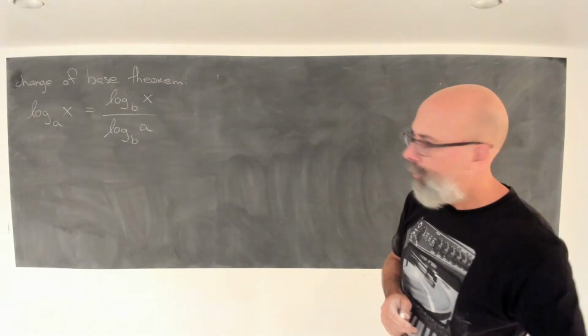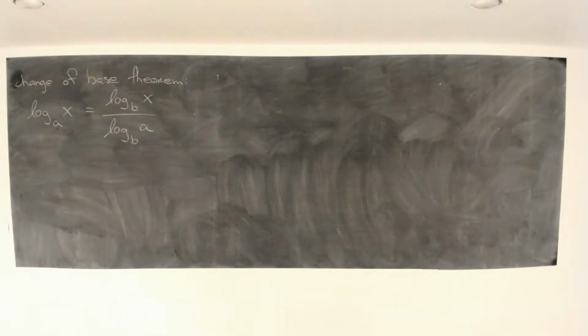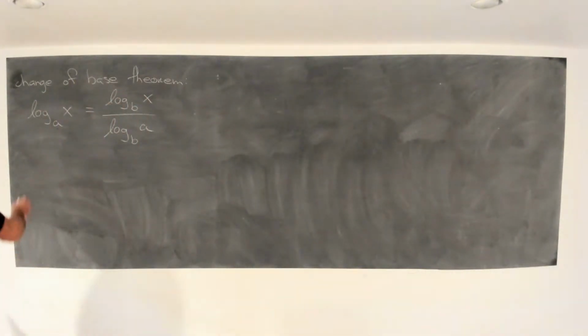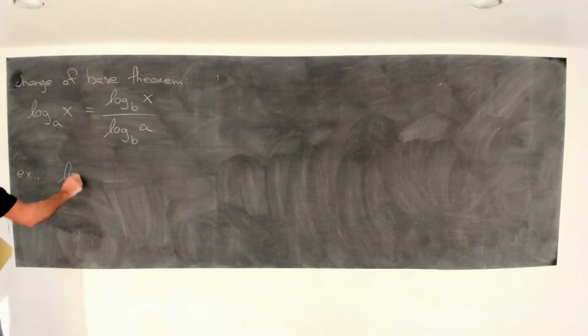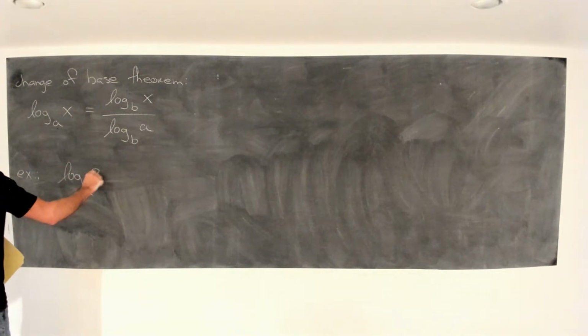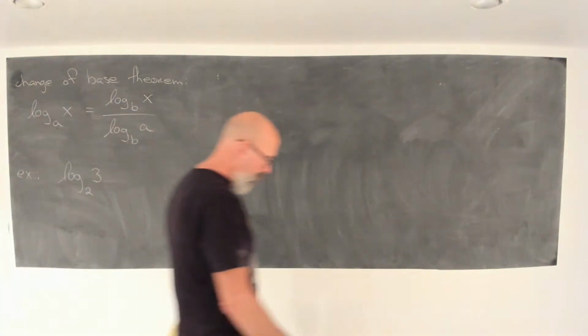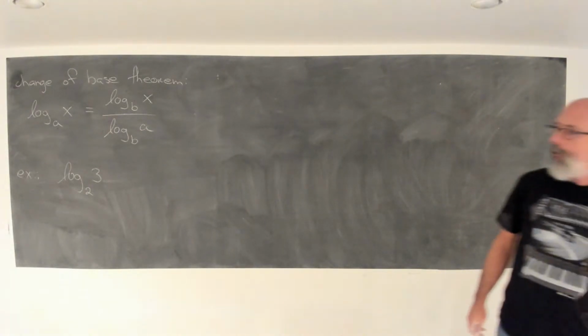While you come up with an example of what we're looking for, why don't we go back to what we were doing last? Oh, maybe you want an example of a change of base theorem. Let's do that. Suppose this was the question, log base 2 of 3.